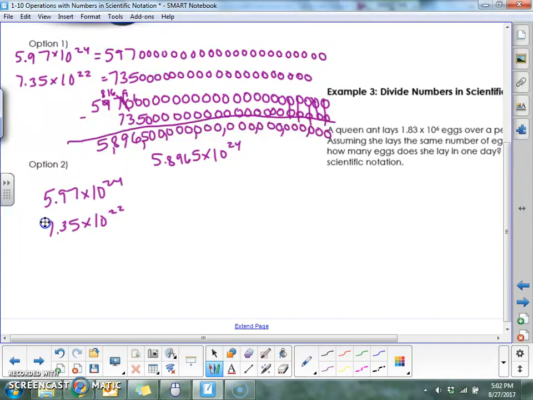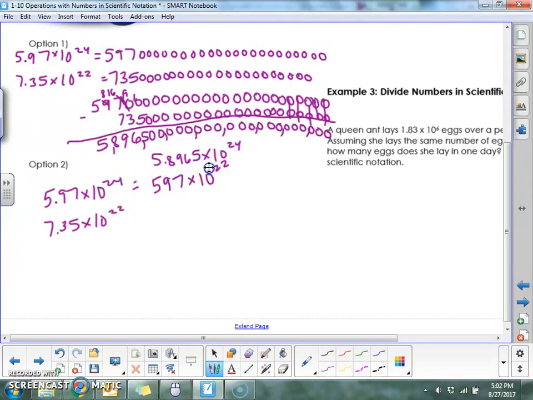So what I can do is change this by moving the decimal 2 more times to the right. I can change it to 597 times 10 to the 22nd power.